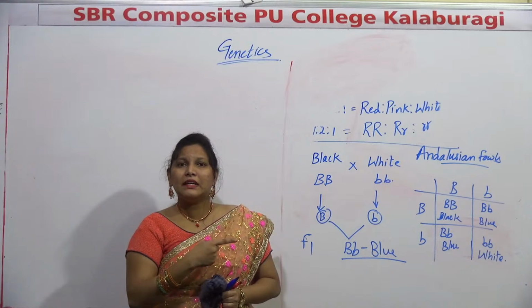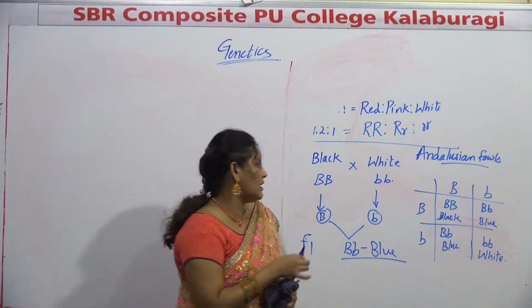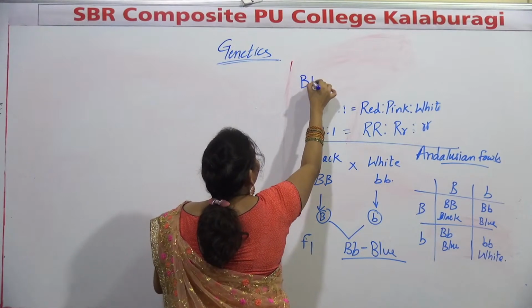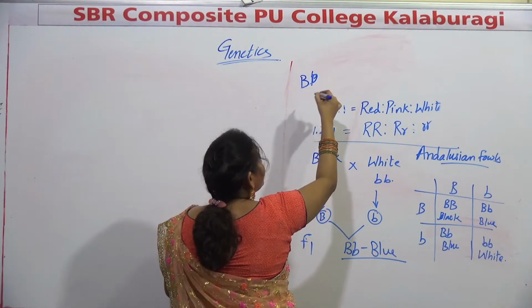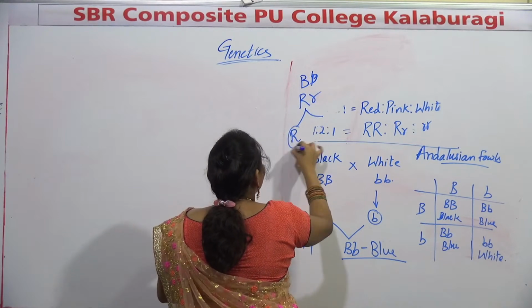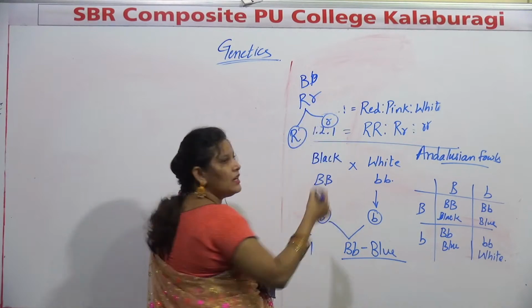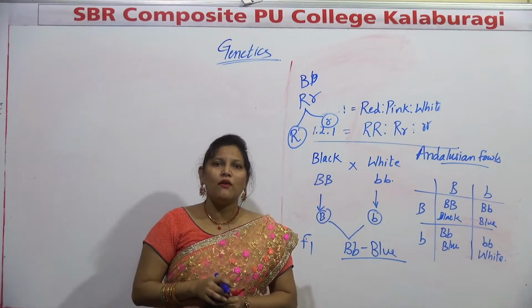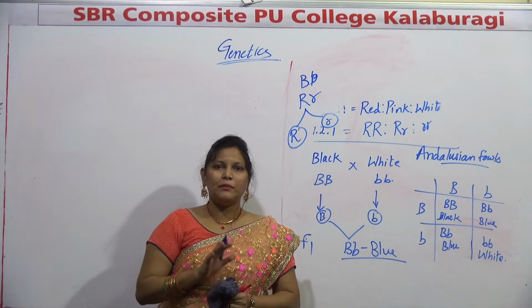But the law of segregation is proved. See here, the law of segregation is proved because when capital R smaller r is there, the gametes remain pure, such that they receive only one of them. So the universally accepted law is the law of segregation. Hope I am clear.